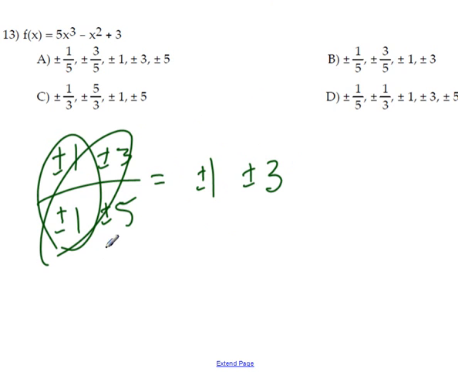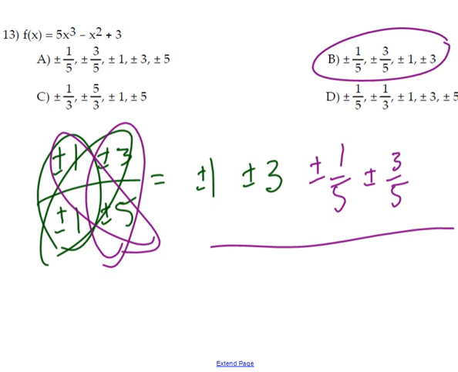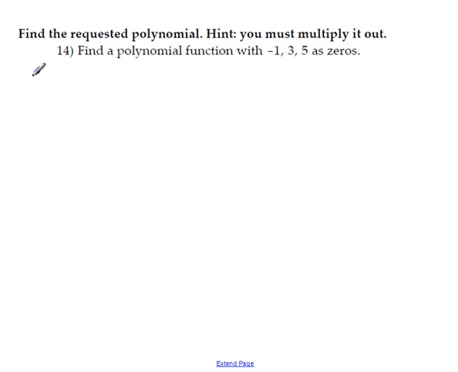Now we've got to check over the 5. So I look at 1 over 5 makes plus or minus 1/5, and then 3 over 5 makes plus or minus 3/5. So you find the one that's got all that stuff going on, and is that this one? Yeah, looks good. 1/5, 3/5, 1 and 3. Got them all? Good to go.